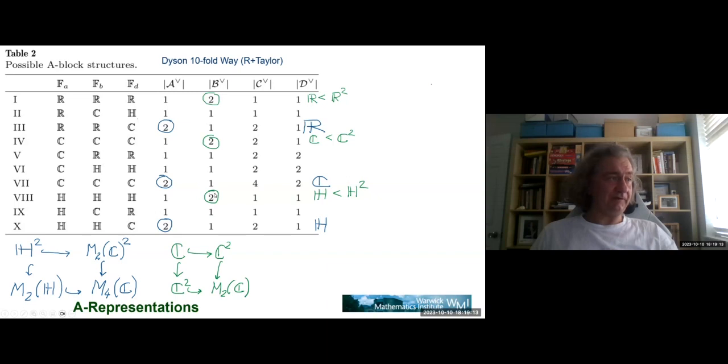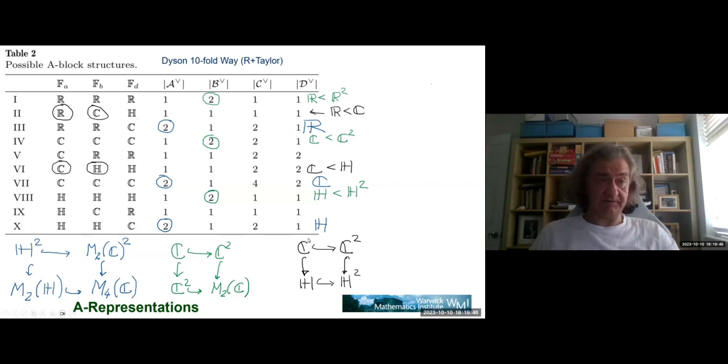These are the corresponding Dyson types: RR, CC1, and H. Then there are 2 more, where real is inside complex and complex inside H. Here, I think it's easier to see by this pair. These are the examples of this block: C, C2, C2, and C. And this is an example of this kind of antilinear block.